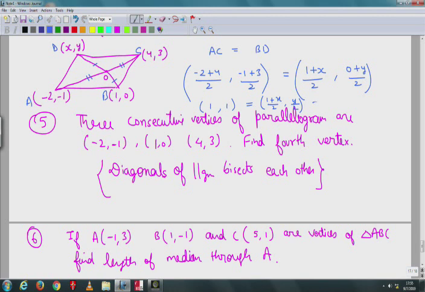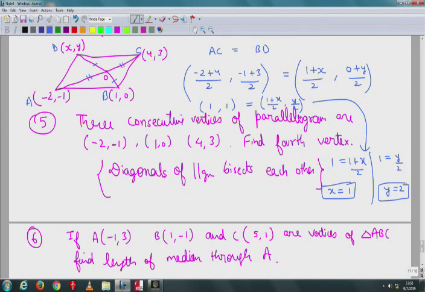Equating the x coordinates, you get 1 is equal to 1 plus x by 2, so x is equal to 1. Equating the y coordinates, you get 1 is equal to y upon 2, so y is equal to 2. So 1 comma 2 is the correct answer.